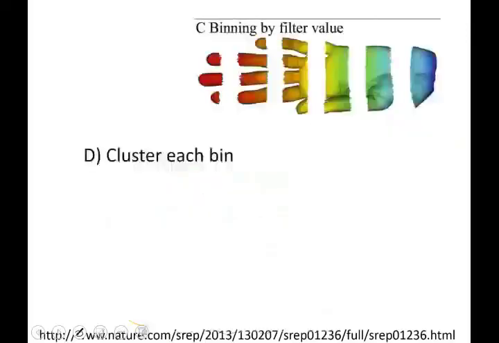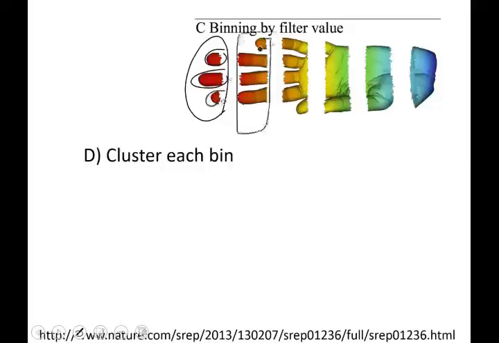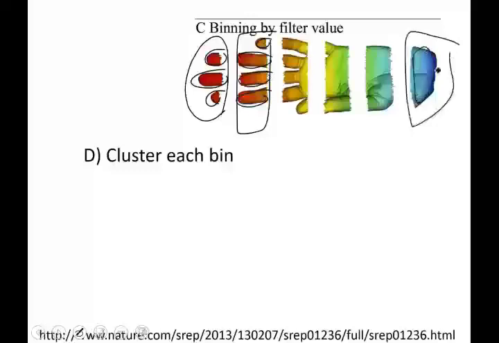Once you have each of these bins, we can cluster them. In our case, we will cluster using connected components. I can see I've got 3 clusters right here in this bin. I can take a look at this next bin. There are going to be 4 clusters right here. If I take a look at the last bin, there's just this one cluster over there.